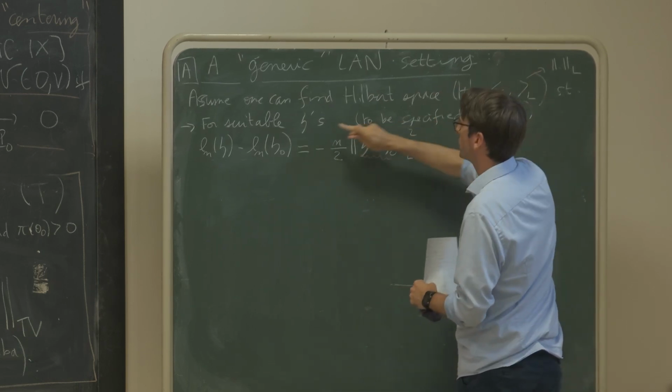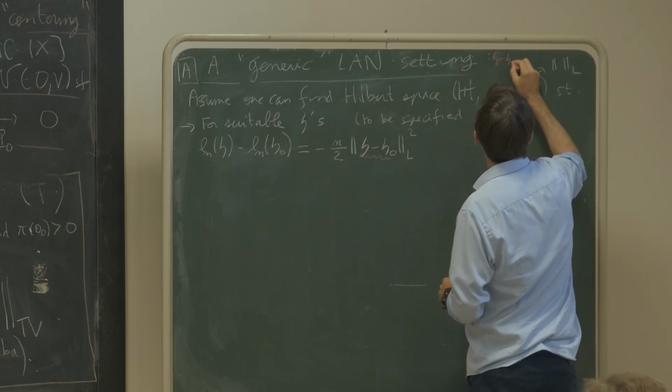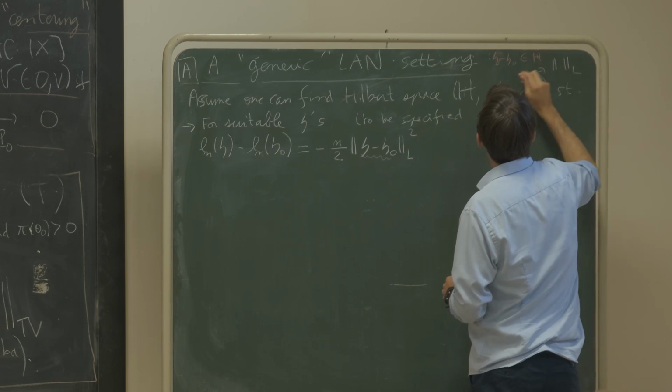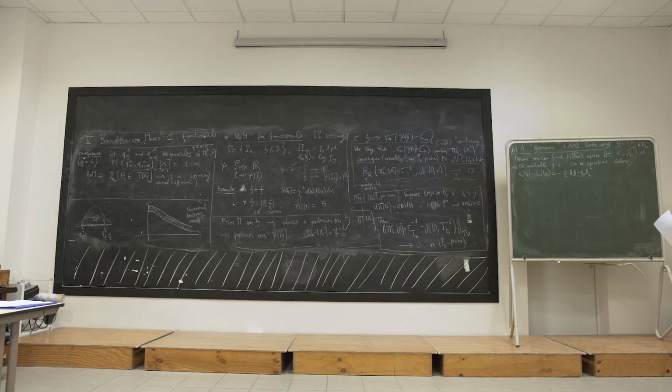So for this suitable etas, in particular, they need to belong to the Hilbert space. This may not always be the case, so you have to take this with a pinch of salt, in the sense that you may have to adapt this slightly if your model has some complex normalizations coming in. I'll give an example a bit later.